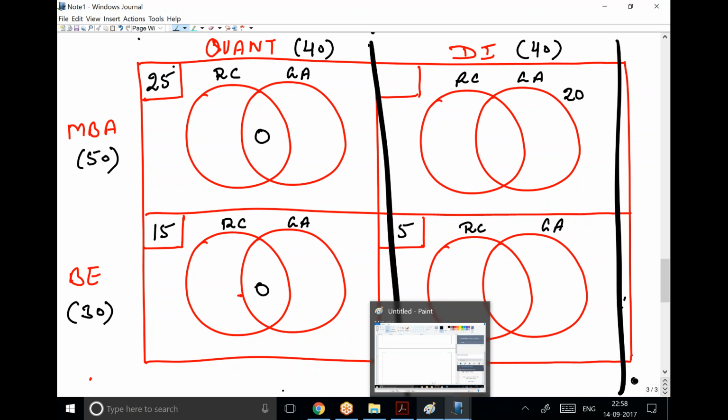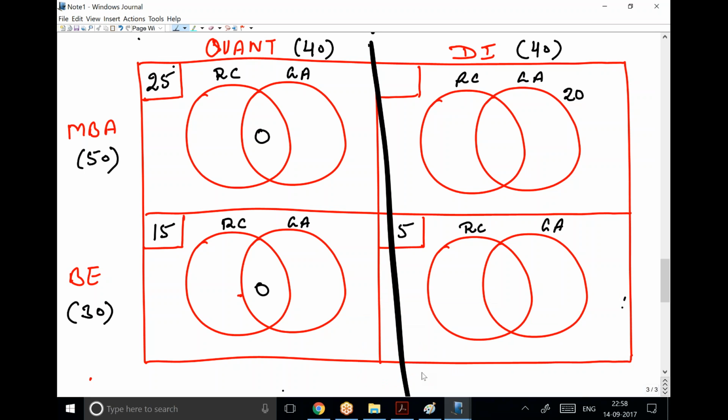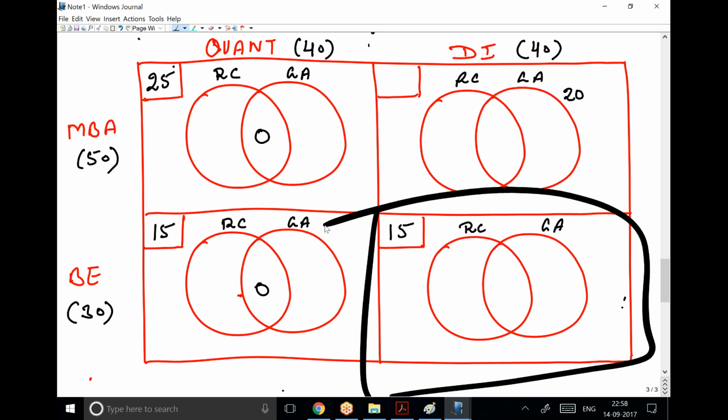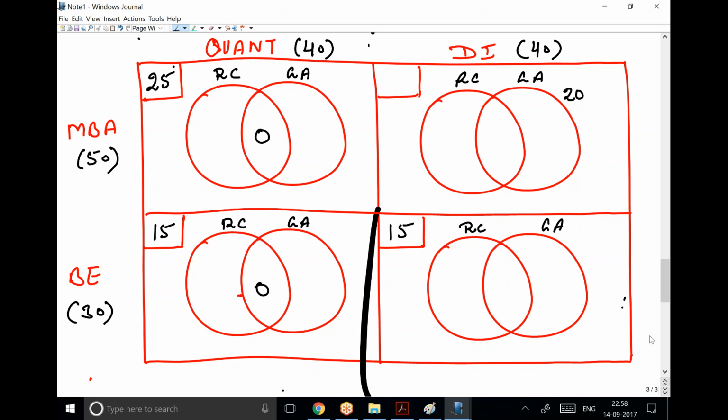When this is given to us 40, then we can immediately say this box is 15. That means the remaining 25 comes only in DI and MBA. So this particular box comes out to be 25 here. This is also 25. So half of the cases we have already done.